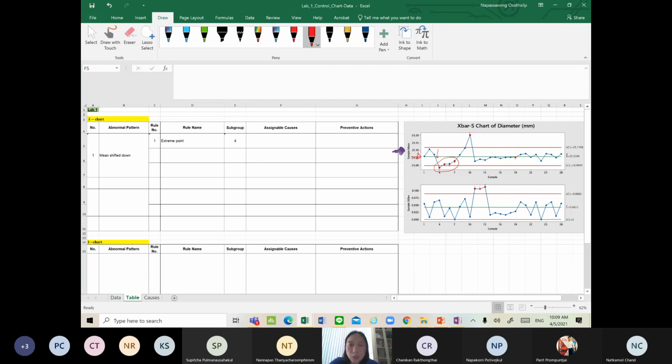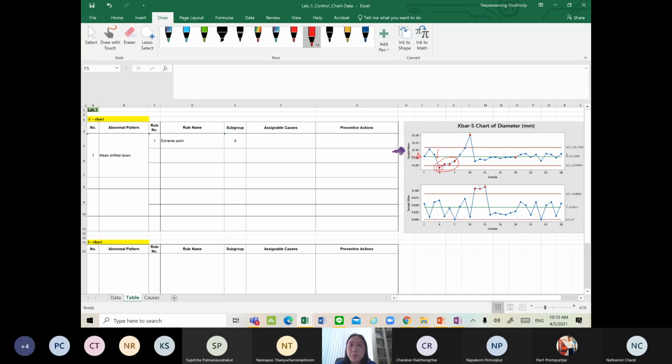So what she did is she changed the depth of cut, used a larger depth of cut, to try to make the diameter smaller, but she used too much, too large a depth of cut. That's why the diameter is now reduced a lot, and it moved from this level to this level.